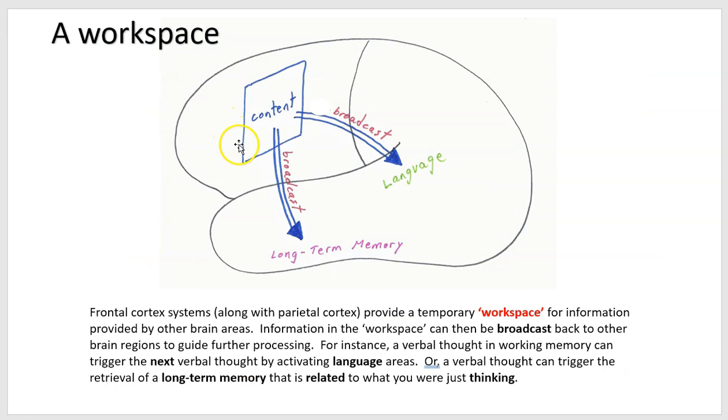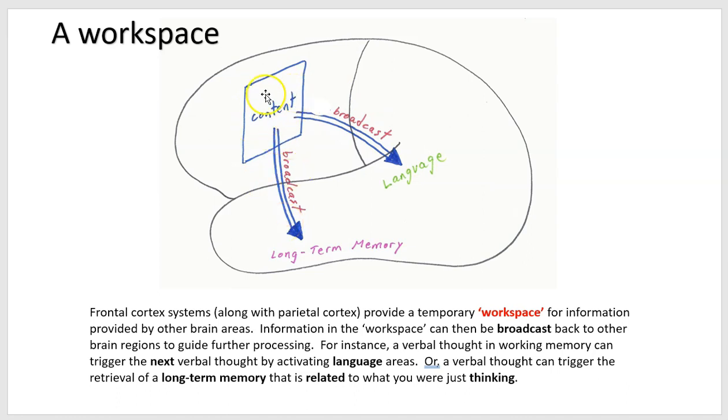So we want to think about the working memory system as sort of like a workspace, a really useful, important workspace. The contents of our working memory are what we're currently conscious of, but the working memory system is not like a dead end. This system sends information back to lots of different places in the brain for further processing.